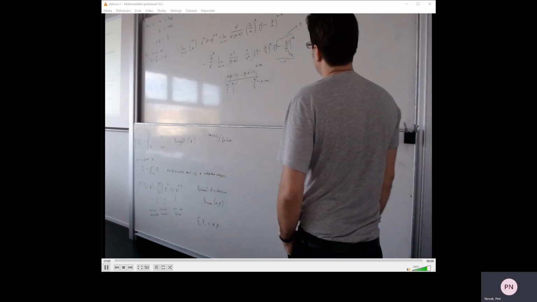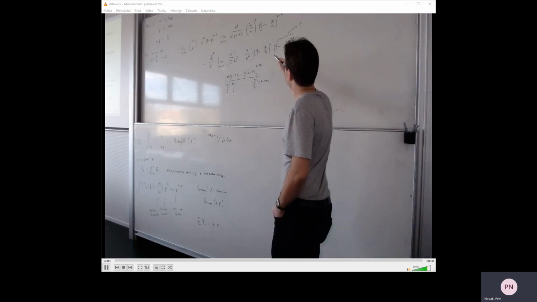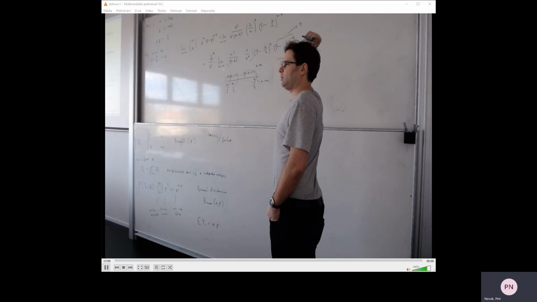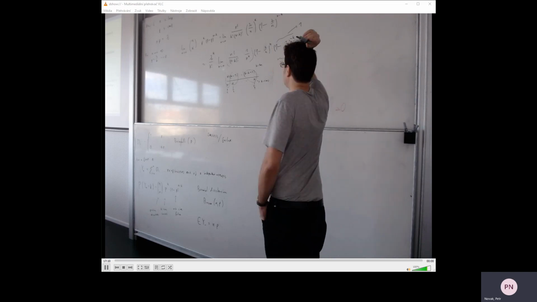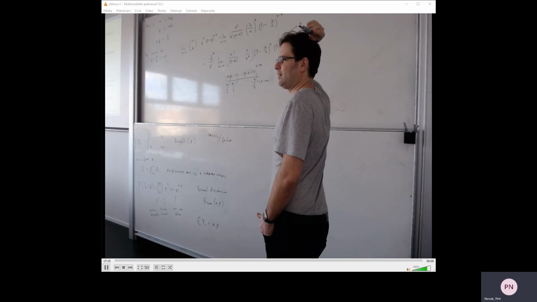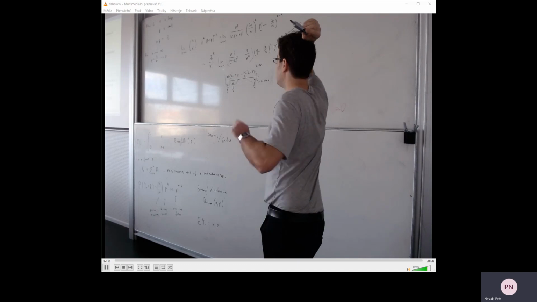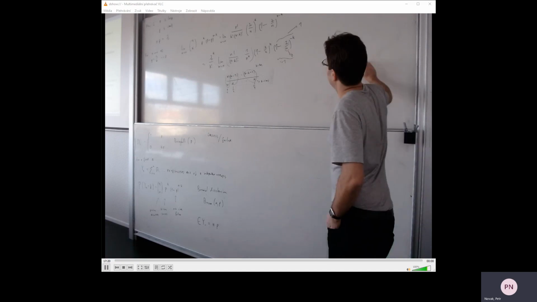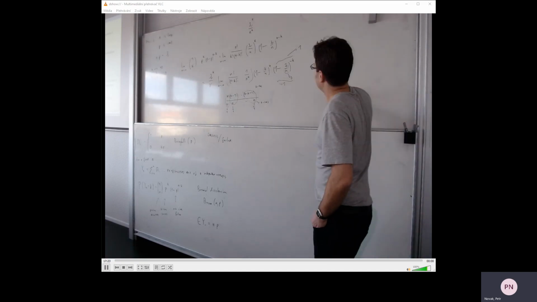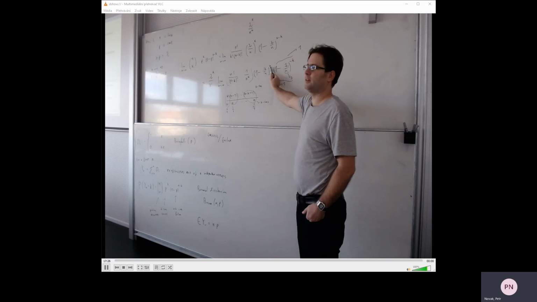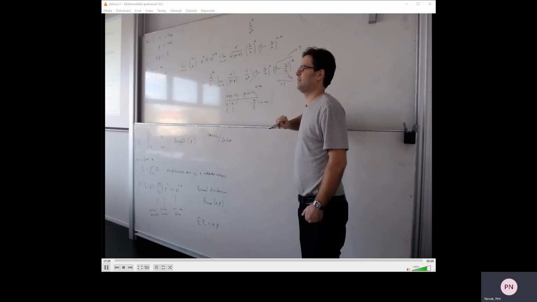And what we have remaining is 1 minus lambda over n to the power of n. Now, do you recall from basic calculus, where does this go? Lambda over n is going to go to 0, right?